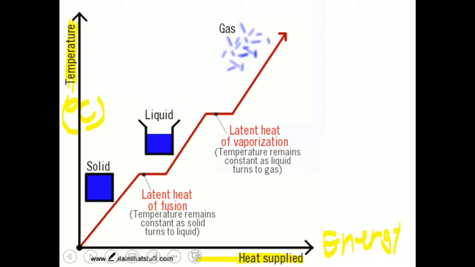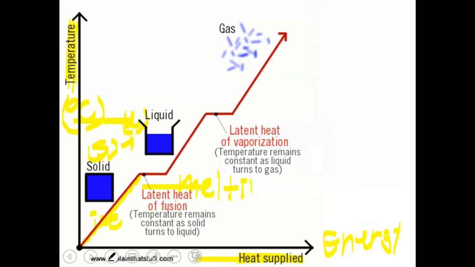If it's a solid, let's say ice, then the temperature goes up as the ice is heated. However, when the solid turns into liquid, we call this the melting point. You will notice that there is not much temperature change.